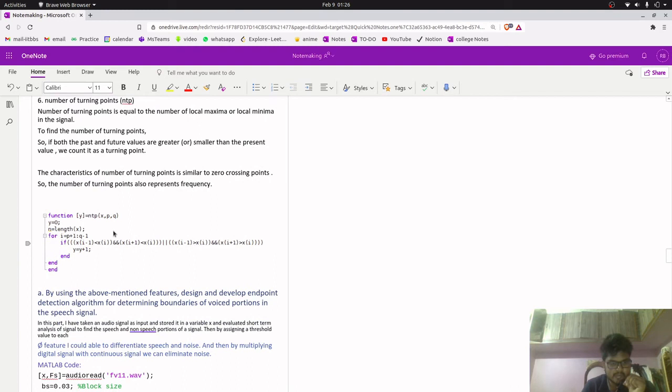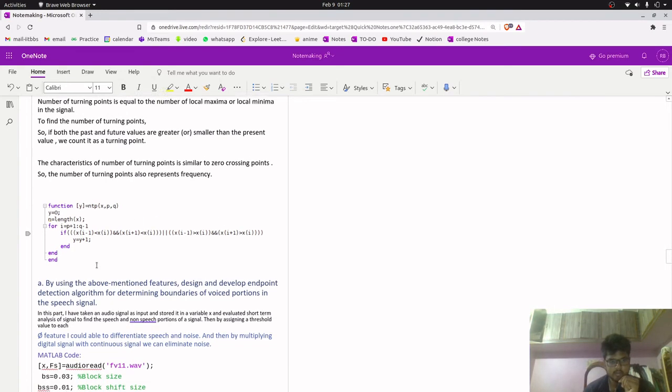If the previous value is greater than 0 and the next value is less than 0, then there will be a point where it intersects the 0th line. That is the whole logic. Similarly, if the value is less than 0 and the next value is greater than 0, then there will be a zero in between them. That is the whole logic I have written here.